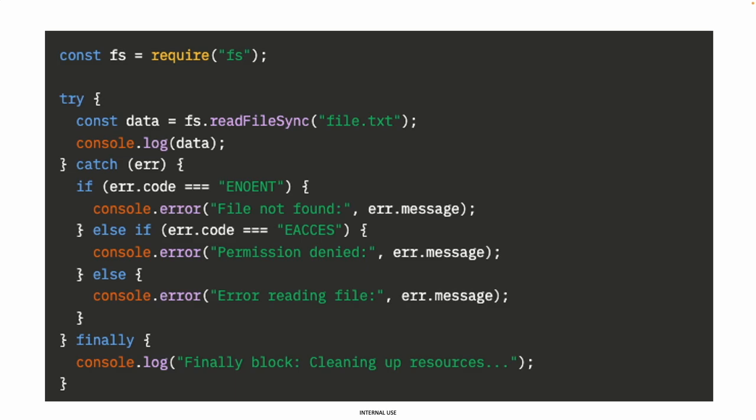So yes, an error could happen in the readFileSync, but you might have a bunch of different methods that you are executing in that try block. And the catch is going to catch anything that happens in there, whether it's from readFileSync or another method that you have.